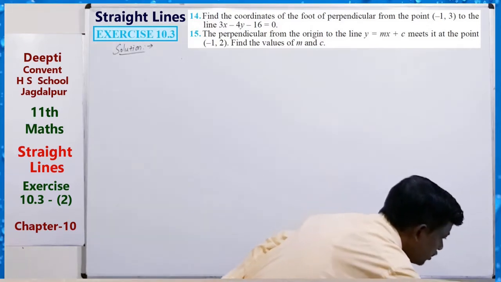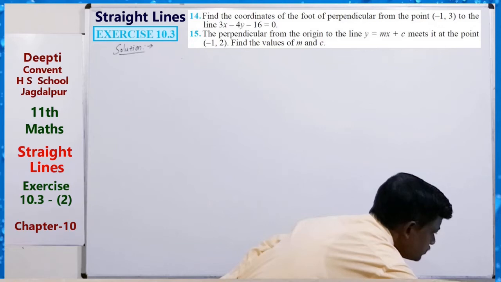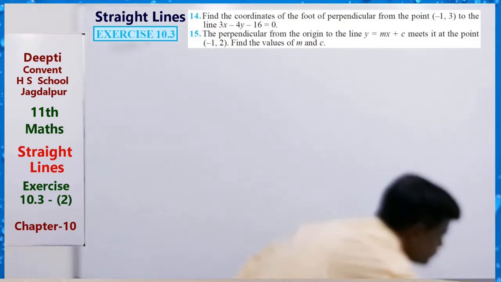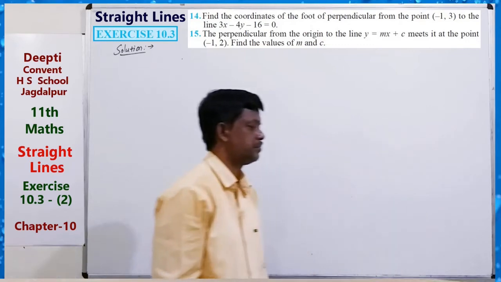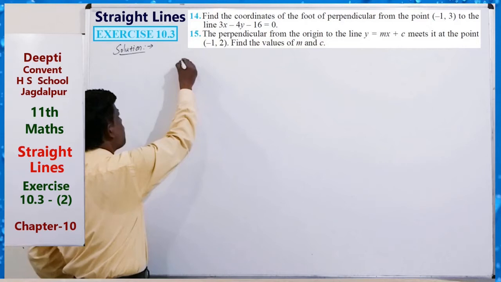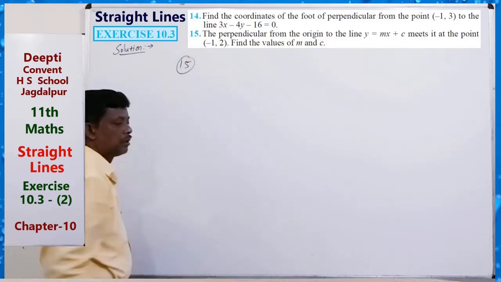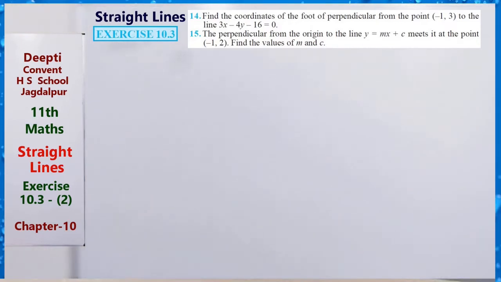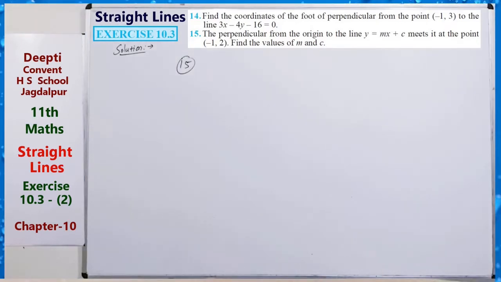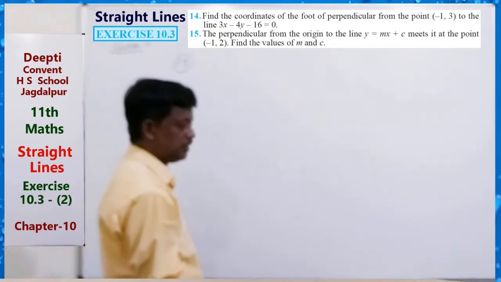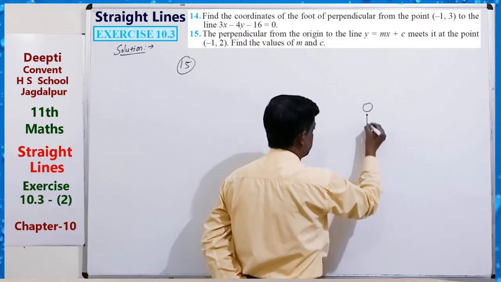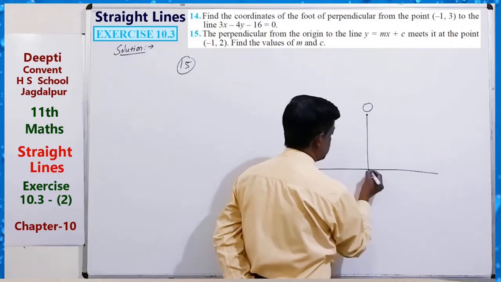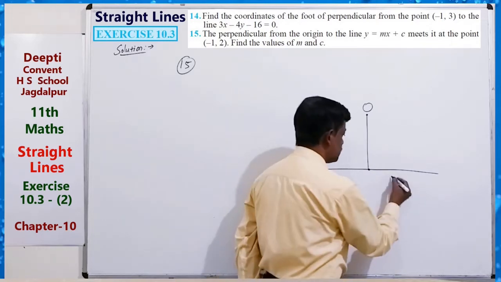Question 15 is given as: this is the origin, draw a perpendicular to the line y equals mx plus c.